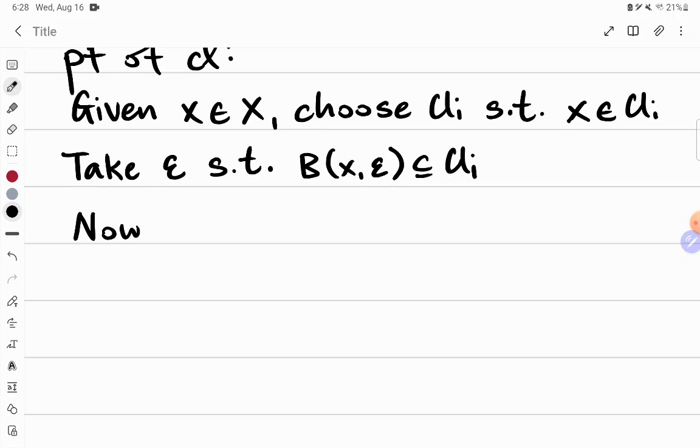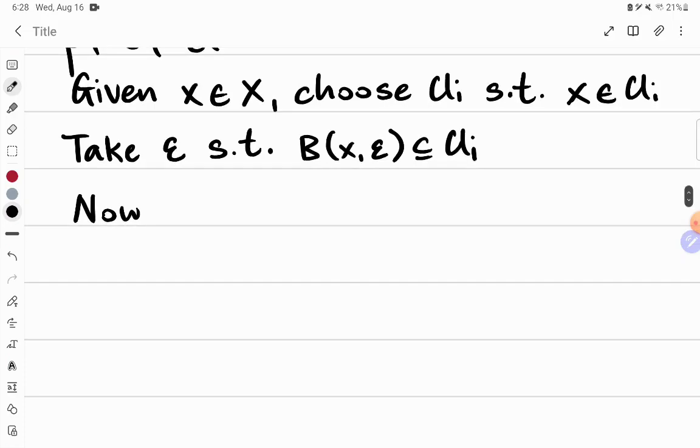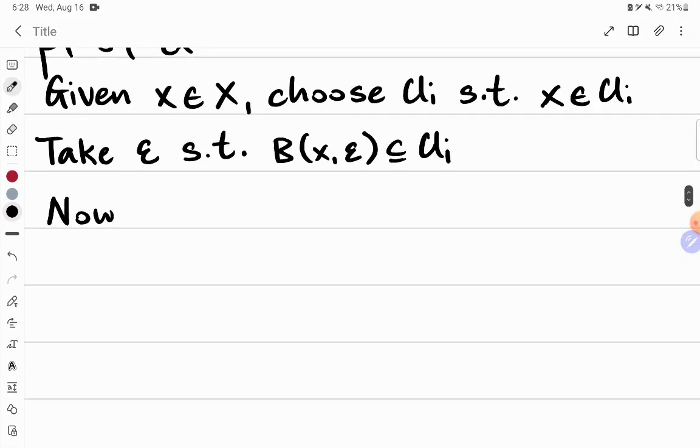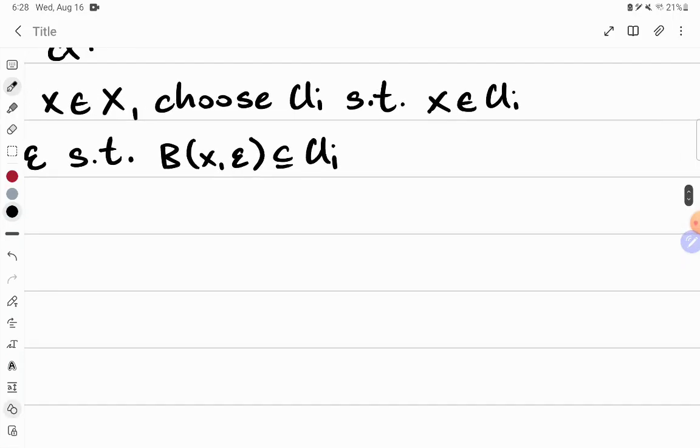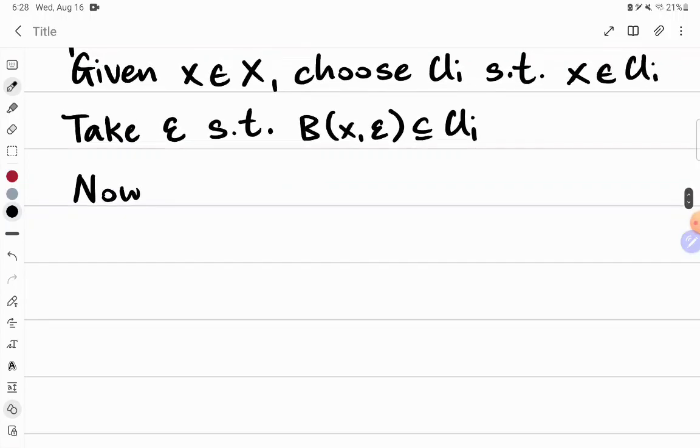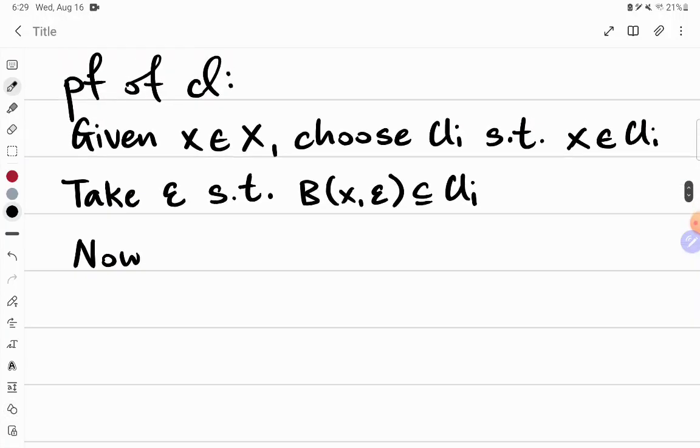Now, if we have this epsilon ball that is going to be contained in here, I'm going to try to draw a picture in a second. Actually, let me just write this out here.